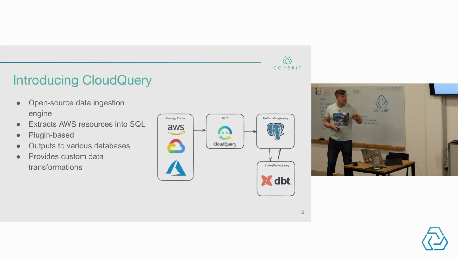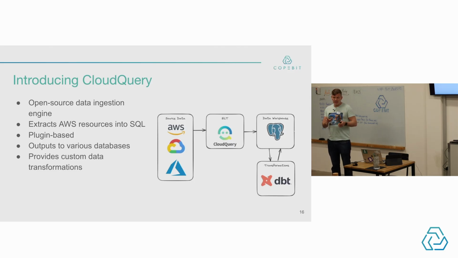This image is a bit old, I think, so the logos might have changed. But yeah, for our use case, it extracts all the data about the AWS resources using AWS APIs, and then puts it into a Postgres database. The whole Cloud Query tool is plugin based.